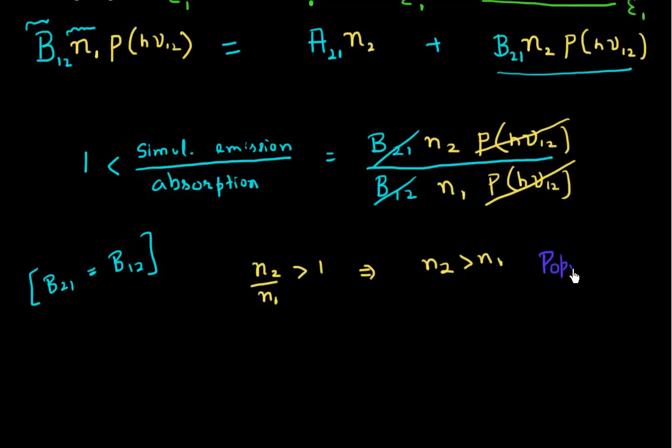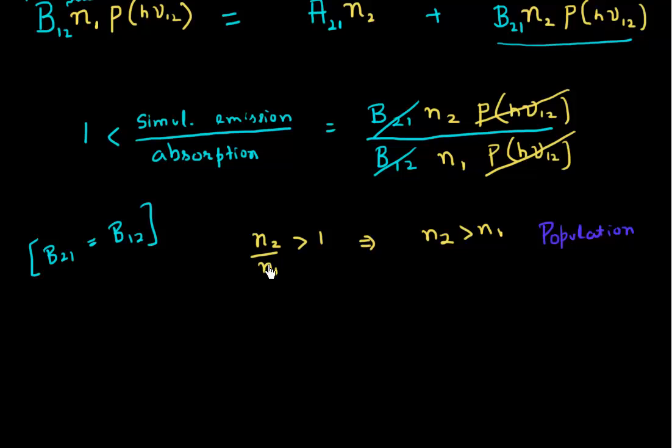population inversion. Because if you think about it, the way N2 and N1 are related, these two states have an energy difference of E2 minus E1. So if we think in terms of Boltzmann statistics, usually what we'd expect is that N2 by N1 is given by an exponentially decreasing term, essentially E2 minus E1 by kT.